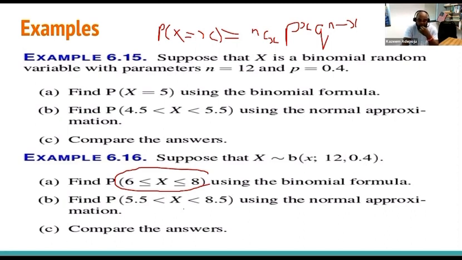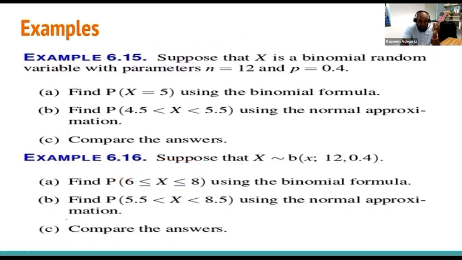And of course, if you are given a question like this and you want to use a normal approximation to the binomial, you're actually going to rob Peter to pay Paul. How are you going to rob Peter to pay Paul?